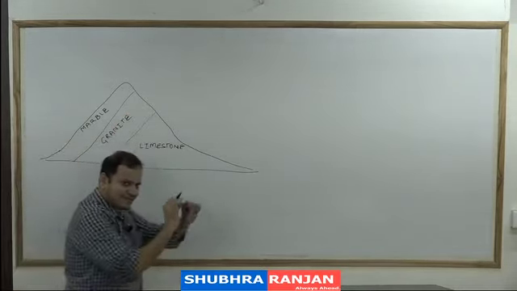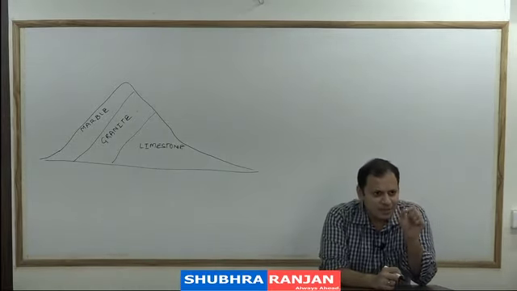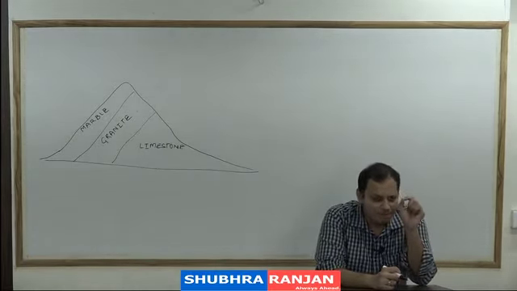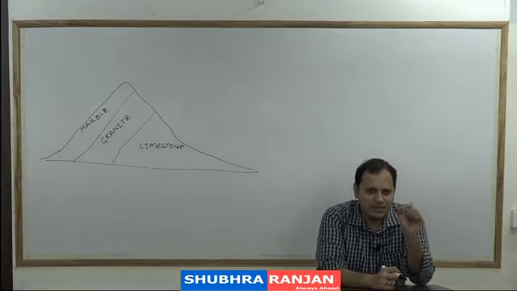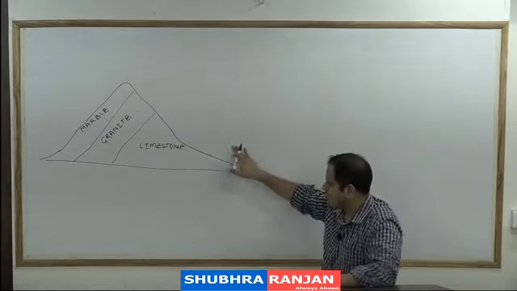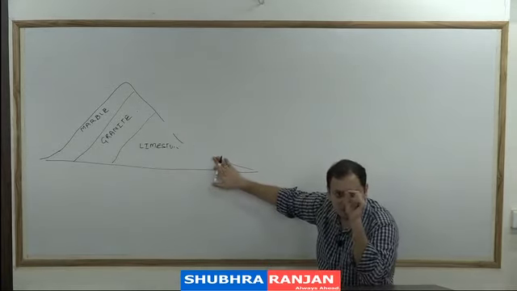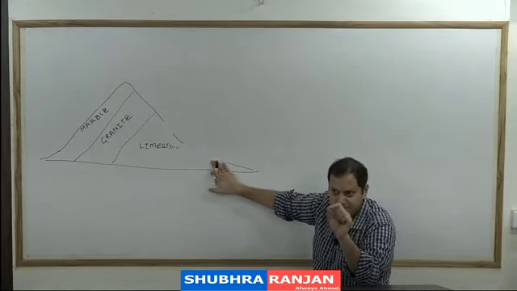Now, if this is a single mountain and rainfall is occurring in this region, which part of the mountain will be eroded much faster or weathered much faster? Limestone. Limestone will be reduced in height as compared to the others. Why? Because the agent is different.